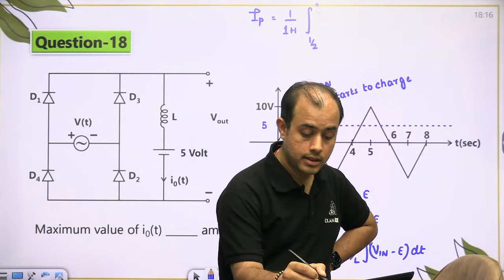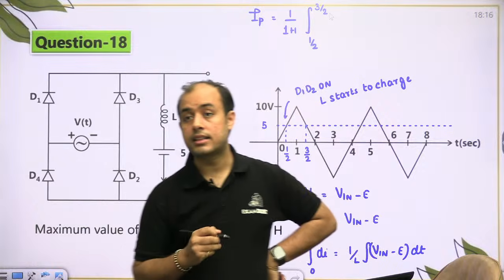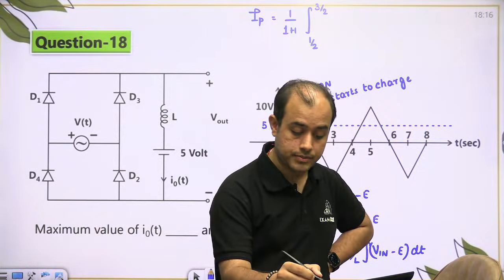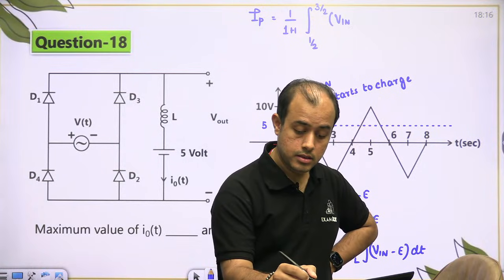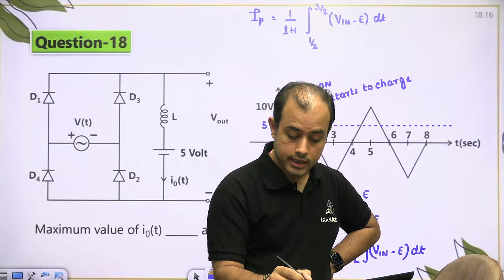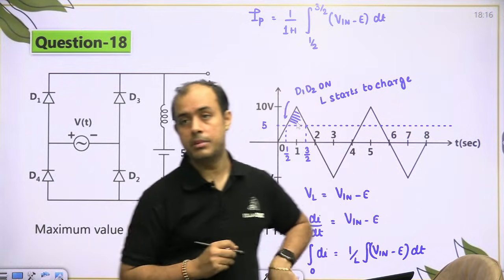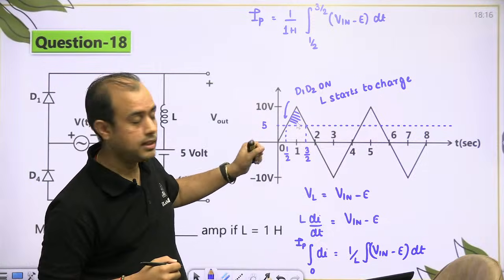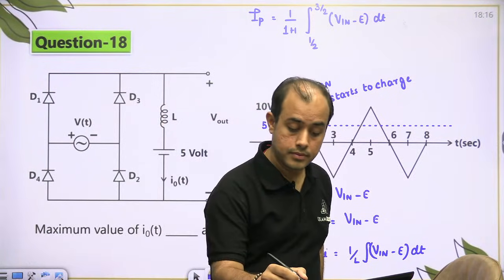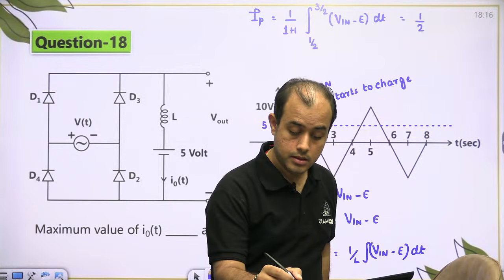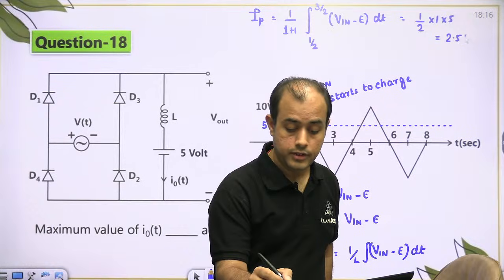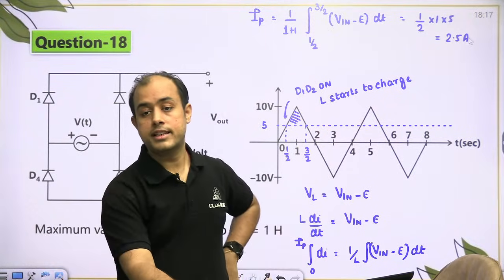Understood? Because if the inductor voltage is positive, then only inductor can charge. Now, what is the area of this triangle? This is V in minus E. The width is 1. The height is 5 actually. 2.5 amp. Understand the logic.